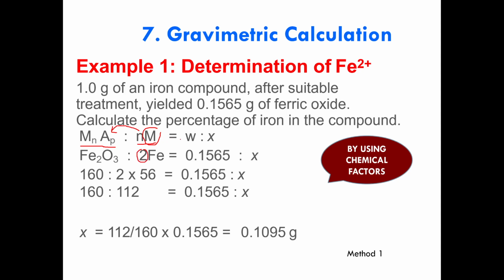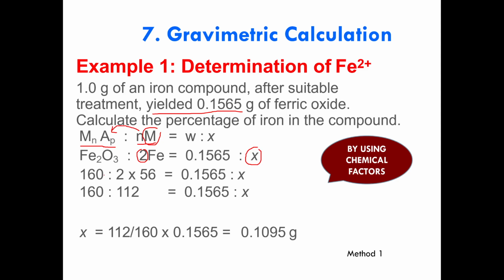And then equal to W ratio with S. W is the mass of the precipitate, which is 0.1565, provided in the question, and S is the mass of analyte, which we need to calculate.